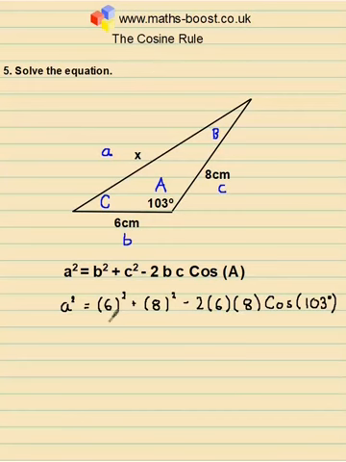Actually, all we need to do is write the entire right-hand side of the equation exactly as it is here into the calculator, which will give us the value for a squared. Don't forget to square root the answer to get a.